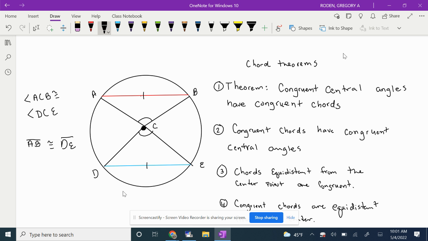Now, this is an if and only if statement. Statement 2 says congruent chords have congruent central angles. So if I know that AB is congruent to DE, which I do here, then even if these were not vertical angles, I could say they're congruent because their chords are congruent.